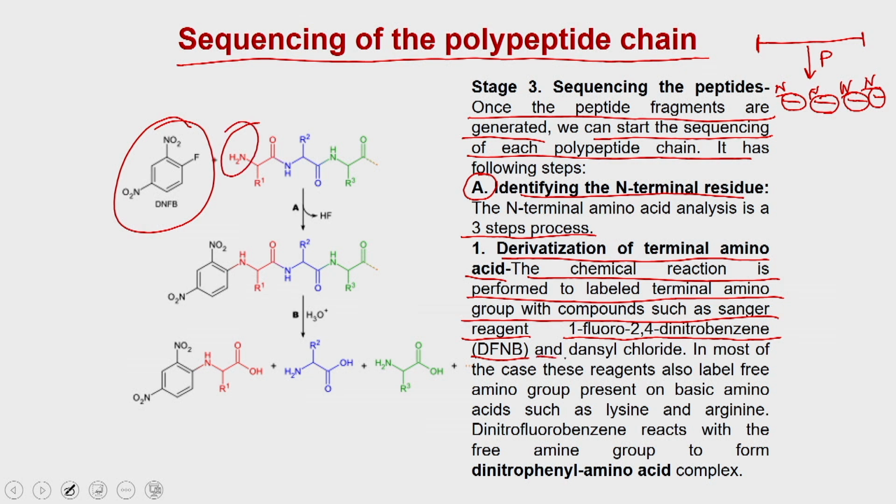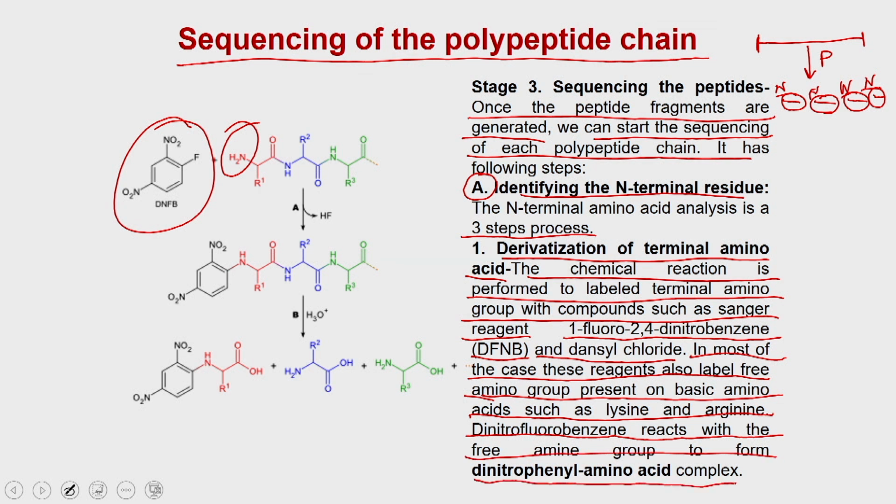Another such reagent is dansyl chloride. In most cases, these reagents also label free amino groups present on basic amino acids such as lysine and arginine. So, the dinitrofluorobenzene reacts with the free amino groups to form the dinitrophenyl amino acid complex.